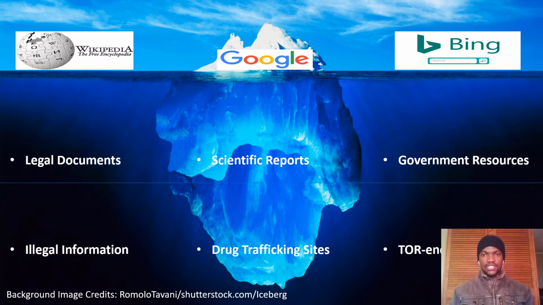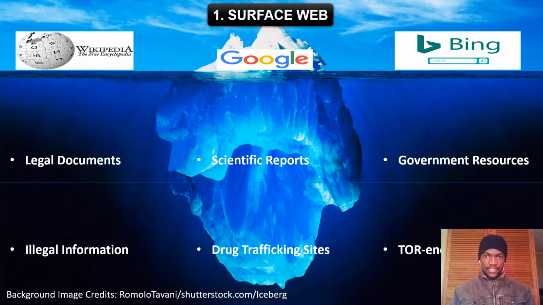Facebook, Twitter, Instagram form part of what we call the surface web because they are on the surface. So this is easily accessible information you can easily find just by going on any internet browser and searching information. There is some hidden information on the web, and we will get into that shortly.